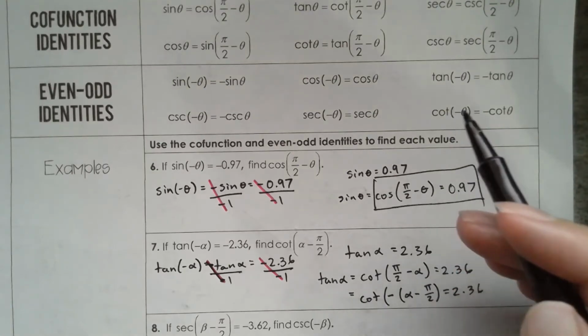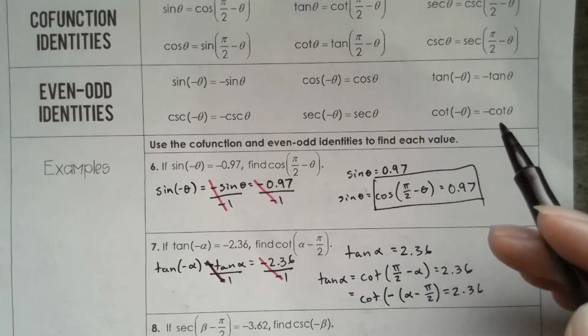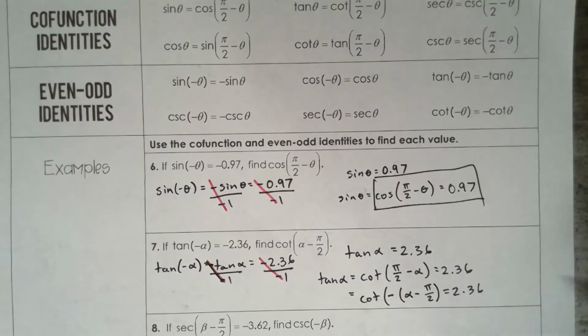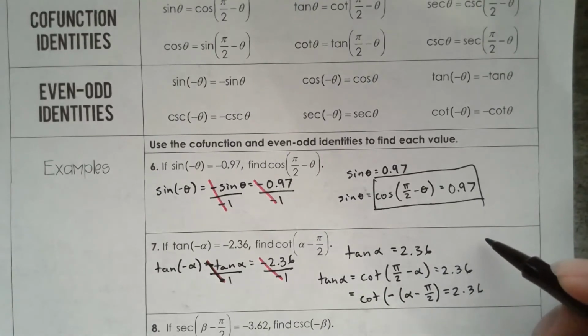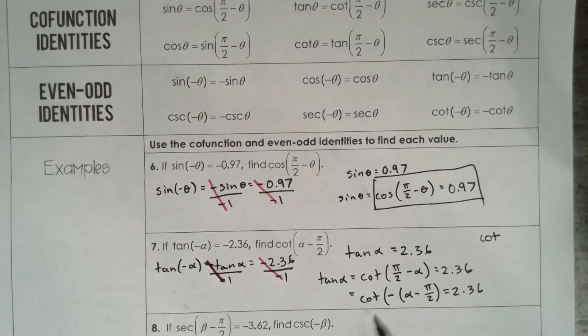So I can then say that cotangent, this guy right here, is equal to negative cotangent of alpha minus pi over 2.